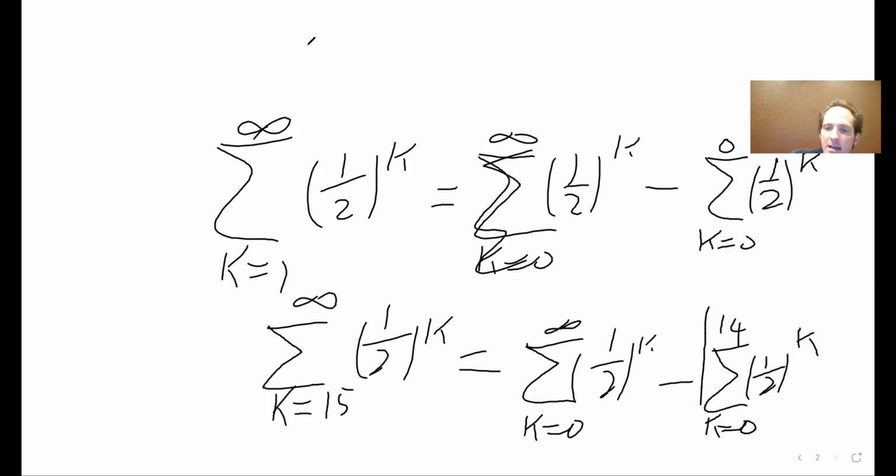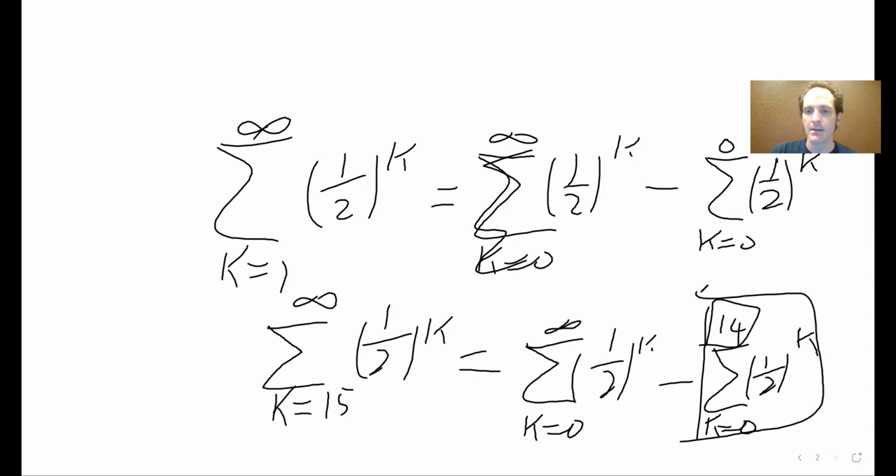Now this, I'm going to calculate using the other formula, the partial sum formula that we had, where the numerator is r to the n plus 1 minus 1 divided by r minus 1. And the n is 14 here. So it's going to be r to the 15th minus 1 over r minus 1. And then I know this one is just going to be 2. So I get 2 minus whatever that term is. So that's going to give me what I need.